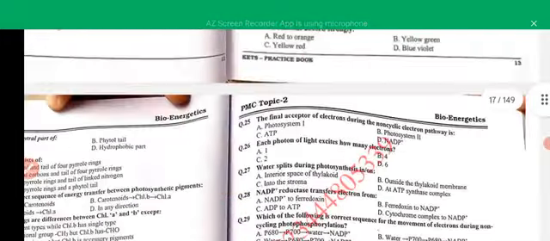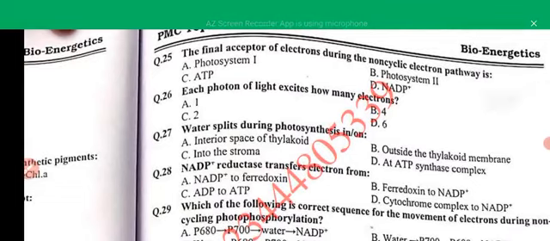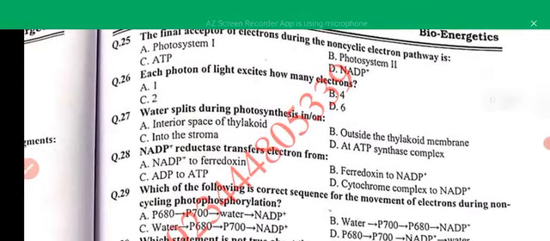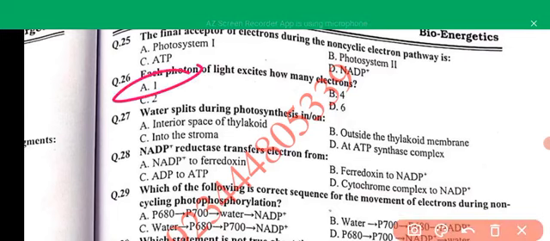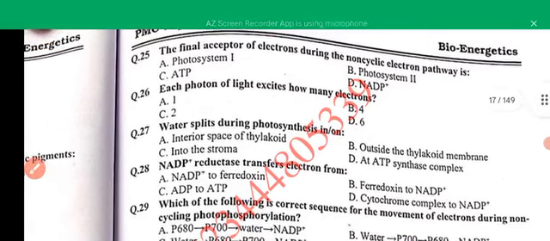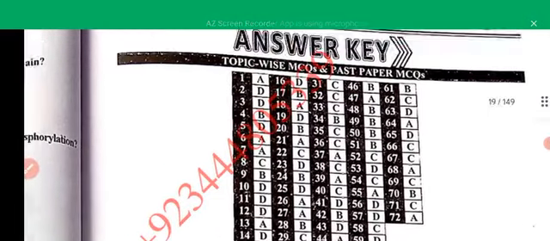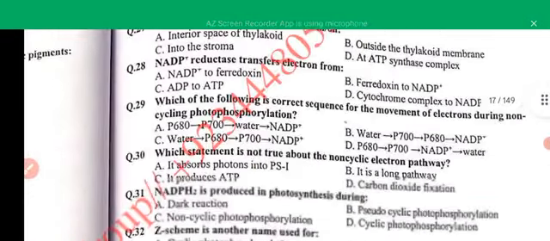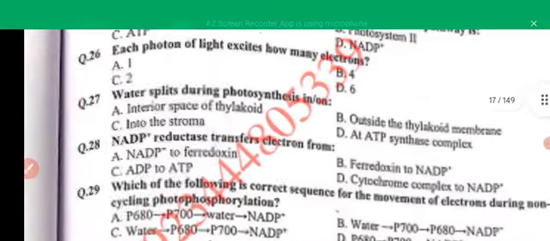Then we came across: each photon of light excites how many electrons? Each photon of light excites only one electron. That is mentioned in non-cyclic photophosphorylation. Question 26, option A. Then we came forward to 28.